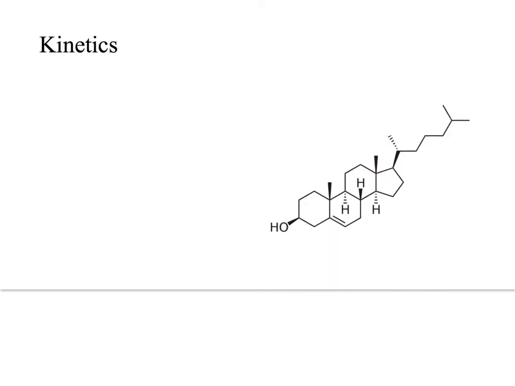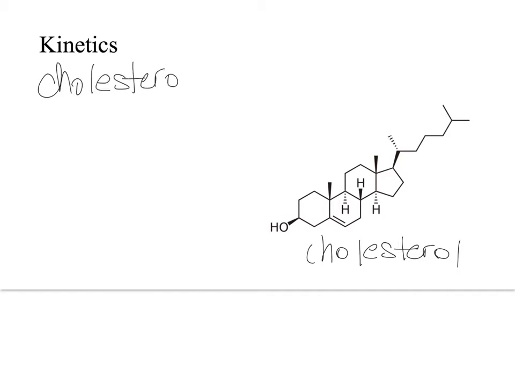Here's an example from biochemistry about how kinetics solves problems and tells us about pathways that happen in the body. This is the structure of cholesterol. And you get cholesterol from two sources. It can come from your diet, or in the case of humans, you can make it from much simpler molecules.